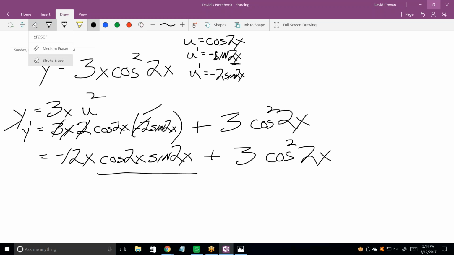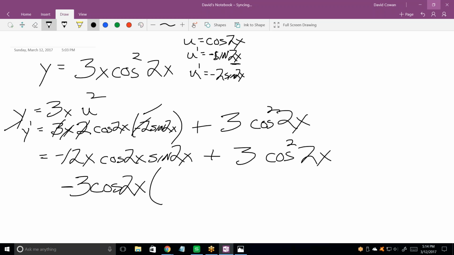However, just for the heck of it, let's factor out a 3 cosine of 2x and see what happens. So we're going to factor out a 3 cosine of 2x, and that's going to leave a 4x sine of 2x minus cosine of 2x.